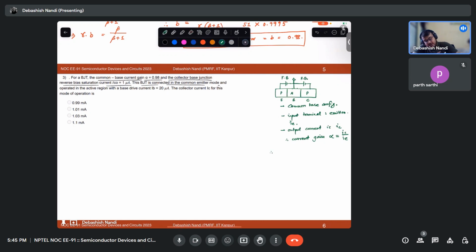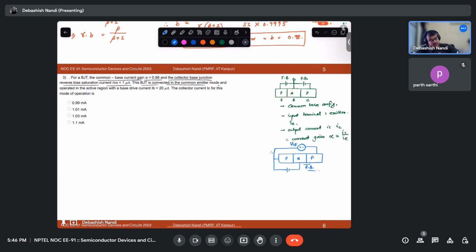Fine. And in your common emitter configuration, let's say this is your PNP transistor. So how do you bias it? You take this terminal as your base. You bias it in such a way that this junction remains reverse biased.